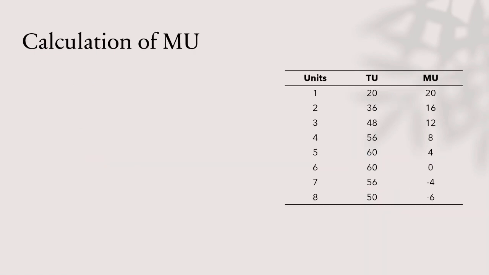To calculate the marginal utility, we can use this formula: MUn is equal to TUn minus TUn-1, divided by n minus (n-1). This is nothing but the total utility of the present unit minus the total utility of the previous unit of good consumed, divided by the number of units consumed minus the previous number of units consumed.